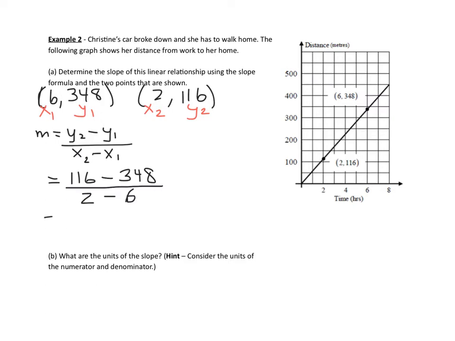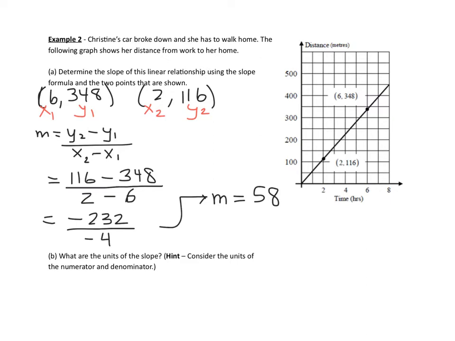So if I do the subtraction, 116 minus 348 is negative 232, divided by 2 minus 6, which is negative 4. And if I divide those values, they actually do divide out nicely to give me 58. So the slope of the line in the graph is a value of 58.